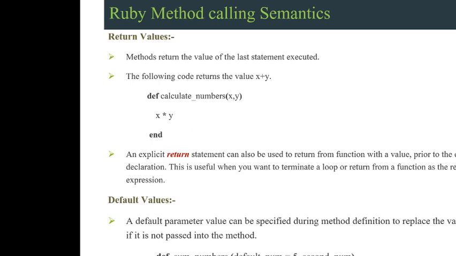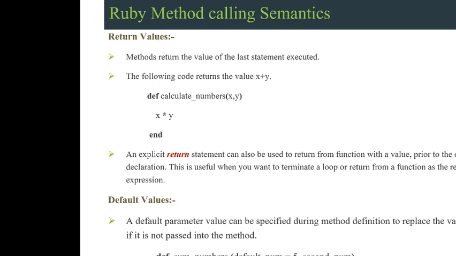We also talked about this method, where we are defining some default values. If you don't supply the variable, then it will use the default value. This one has a default value, and this one does not.